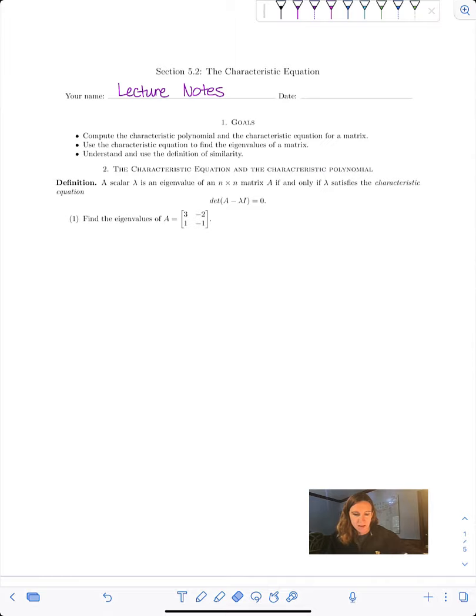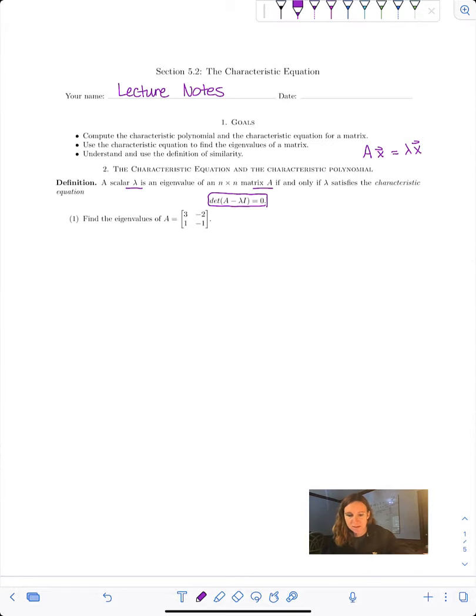So first of all, we recall that a scalar lambda is an eigenvalue of a matrix A if the equation AX equals lambda X has a non-trivial solution. And so we can write the following equation. We can actually look at the determinant. Let's look at why that works.